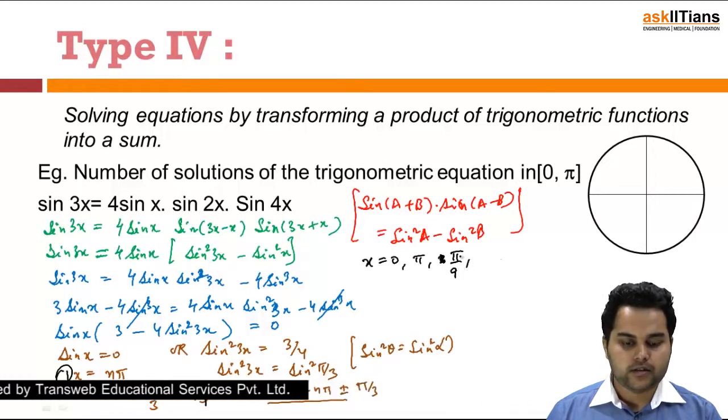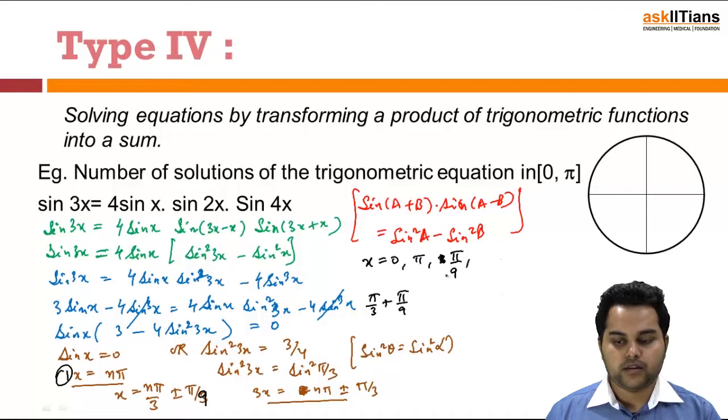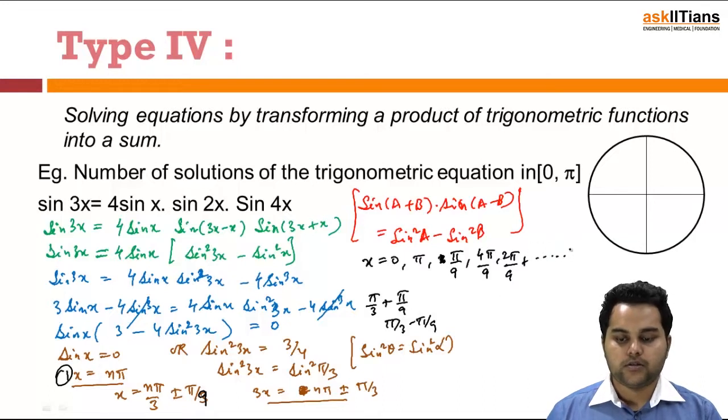Then next I would get, if I consider it as 1, that shall give me pi by 3 plus minus pi by 9, pi by 3 plus pi by 9, which would be 4 pi by 9, and if I consider it negative, I would have pi by 3 minus pi by 9, and I would get 2 pi by 9, and so on. So I'll have these solutions.